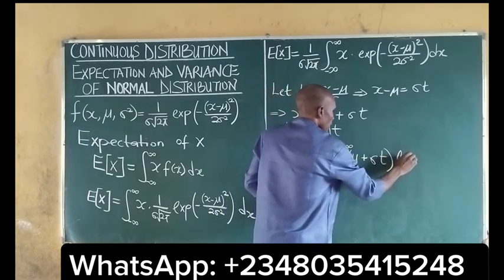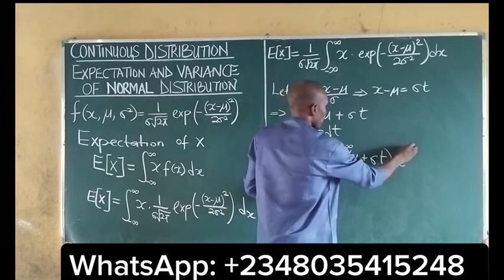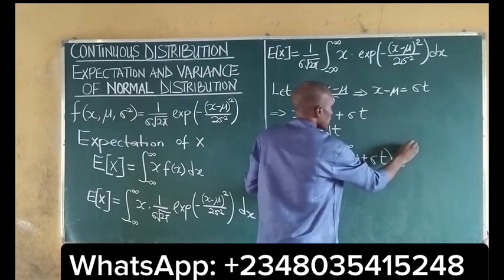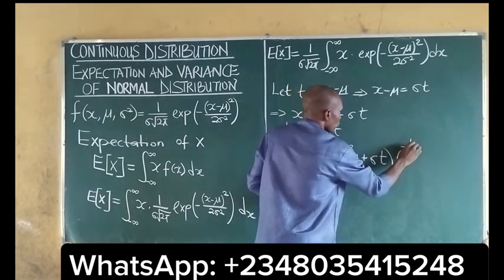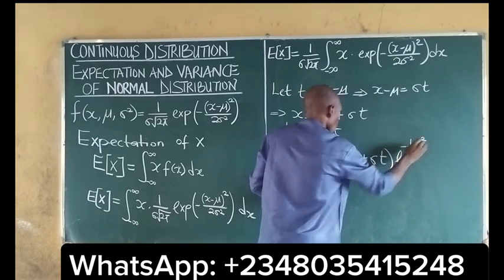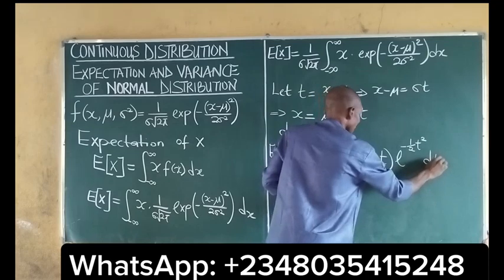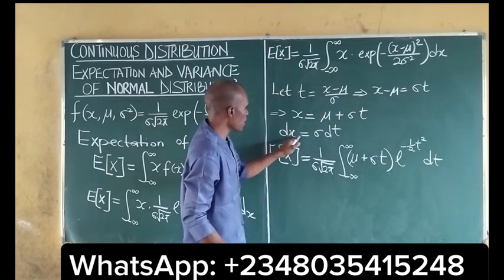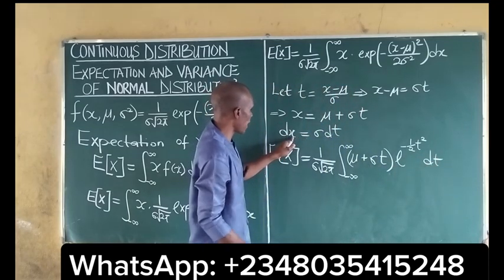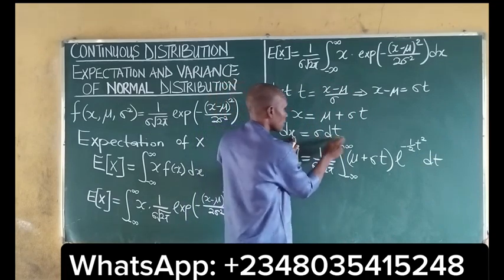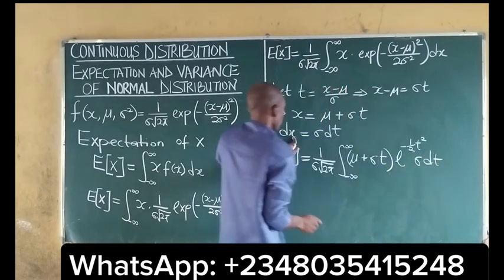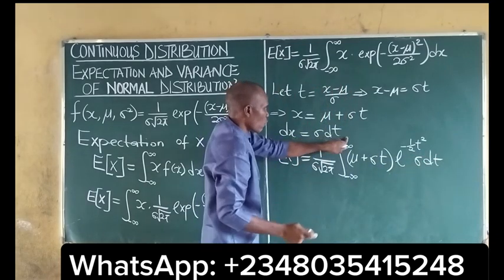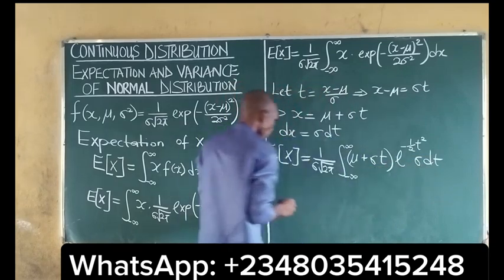Then exponential, we can write it as negative 1 all over 2 t squared, dt. Because we have now substituted every value, the dx is now sigma dt. So we have changed the x to be the whole of this.